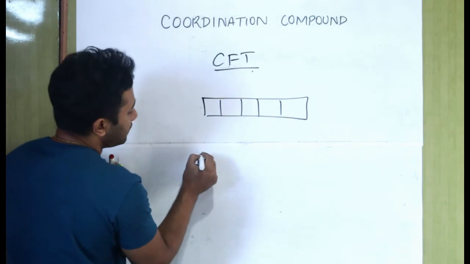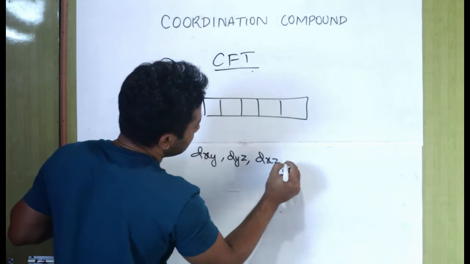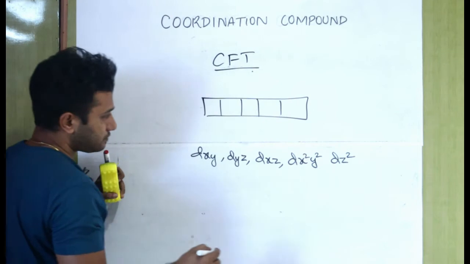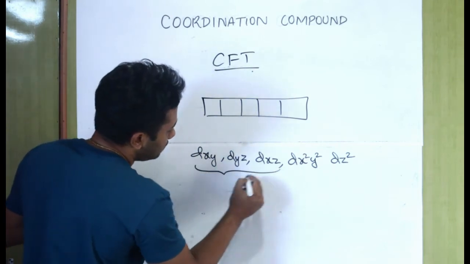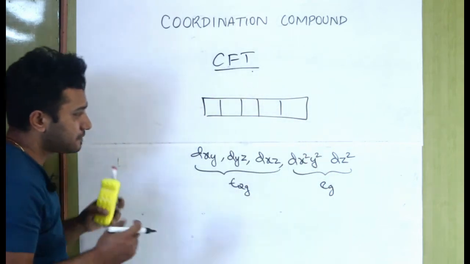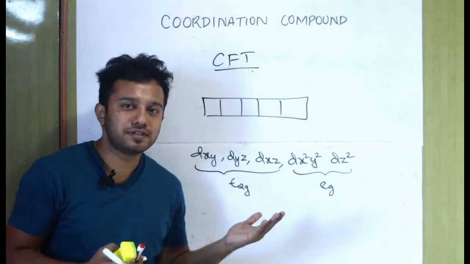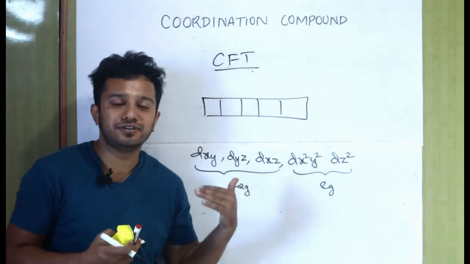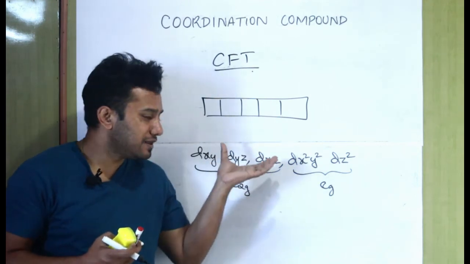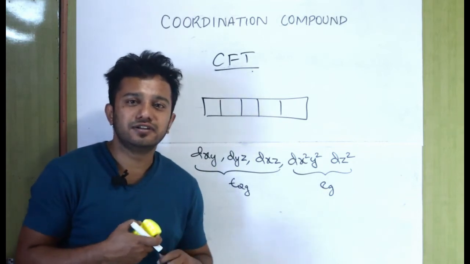Out here we have dxy, dyz, dxz, dx2-y2, dz2. This comes under t2g and this comes under eg. So these are the d subshells. When they're in the ground state the degeneracy is high, so we call them degenerate d orbitals, right?